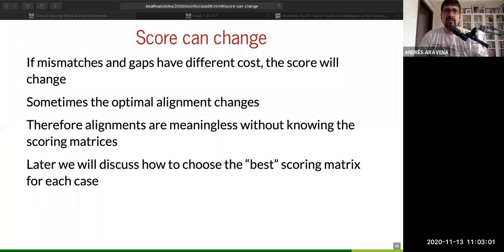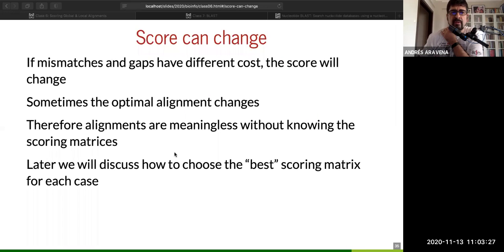So one question is, which is the best matrix to choose? We will talk about that later, but the point that I want to make is that different matrices will have different scores, and eventually different scores can even give you different alignments. Okay, in other words, if you change the scoring matrix, you may have a different alignment.